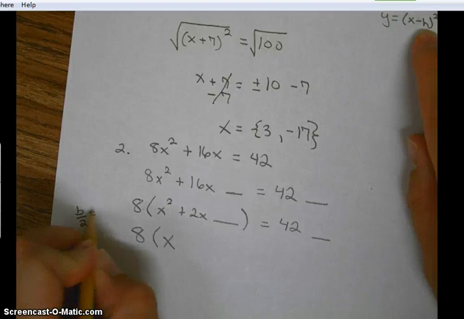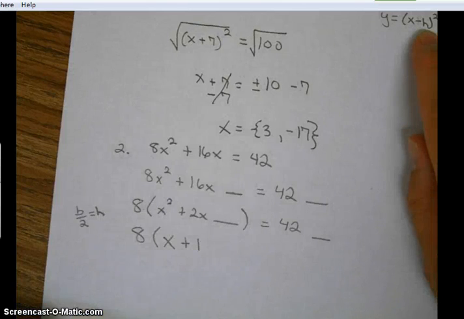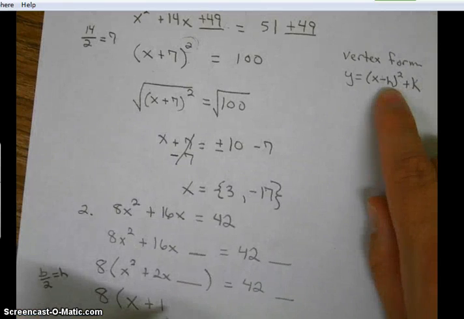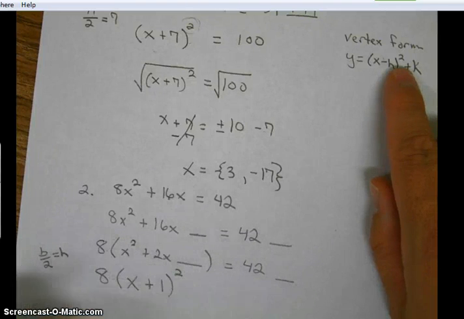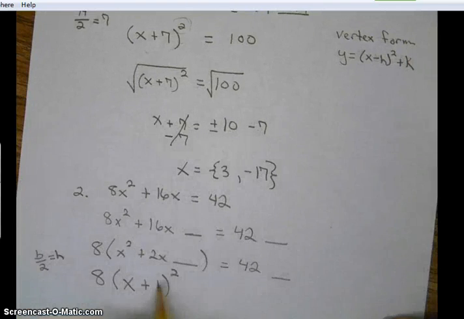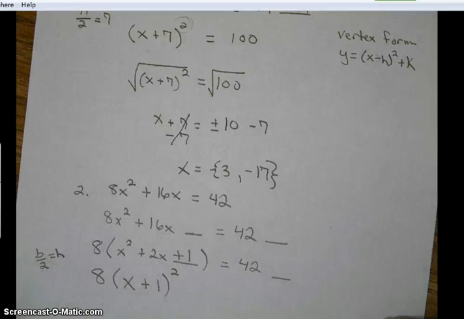That's going to give us our h value. So half of 2 is 1. Continuing on, we have parentheses, we have the square. Now at this point, we're going to square the 1. 1 times 1 is 1. That's going to go up in our blank.